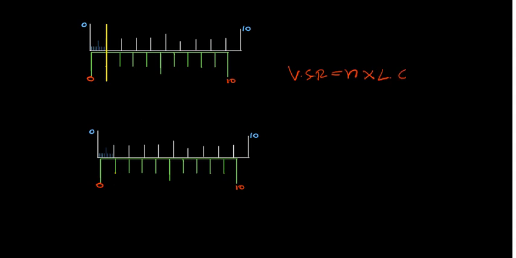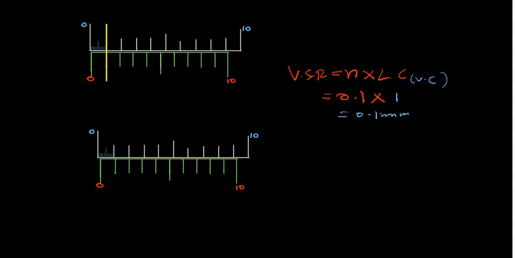What is the least count over here? It is 0.1 millimeter, the least count of the Vernier division, so the least count of the Vernier caliper. Multiply by the number of divisions, only 1. So it is 0.1 millimeter in the Vernier scale reading.